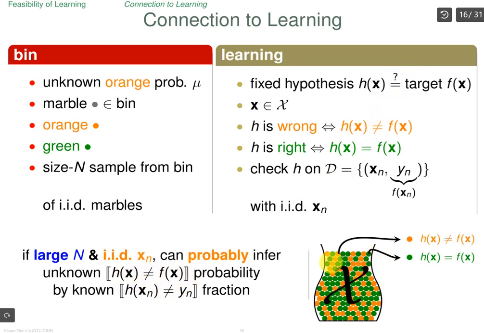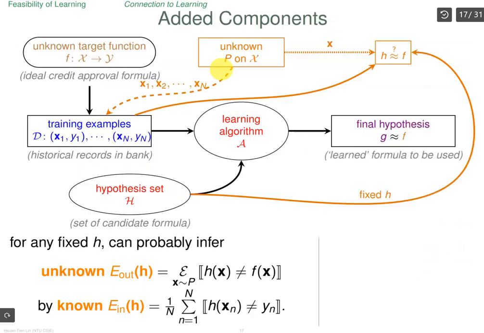And pictorially, this is our bin, and each marble can be considered as one training example. So we take a lot of training examples and then check whether our hypothesis disagrees with the target function or agrees. Now let's take a look again at our flowchart.